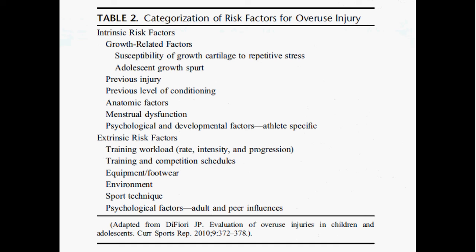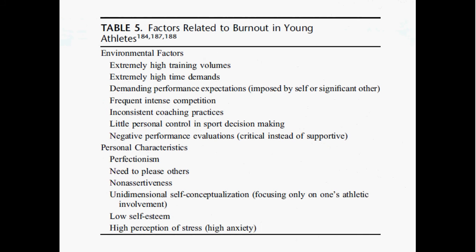Maturational dysfunctions, psychological factors, and training workload, training and competition schedules, equipment, footwear, environment, sports technique, and psychological factors. So you can see how all of these factors can lead to not only overuse injuries, as the top of the document states, but also can lead to eventual burnout.